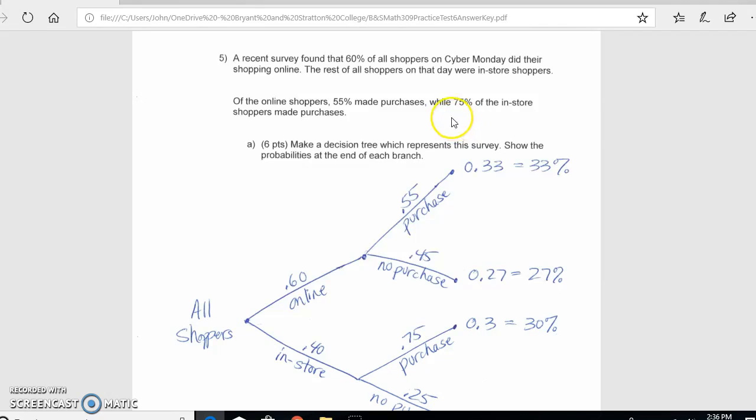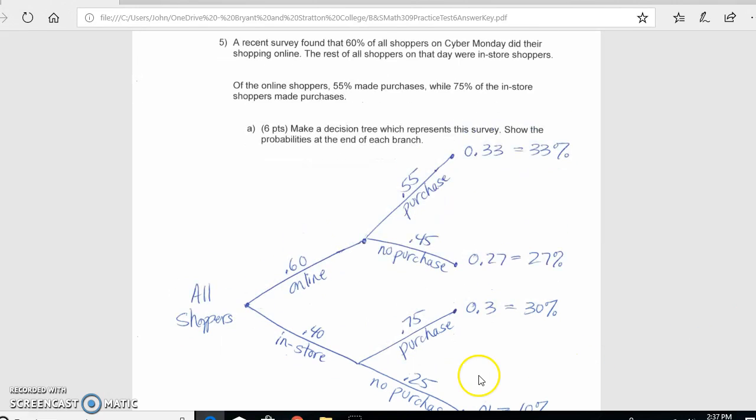And then we're told 75% of the in-store shoppers made purchases. So down on this bottom line, these are the in-store shoppers, and we're told 75% of them made purchases. So here's the line representing the 75% or 0.75 who made purchases.